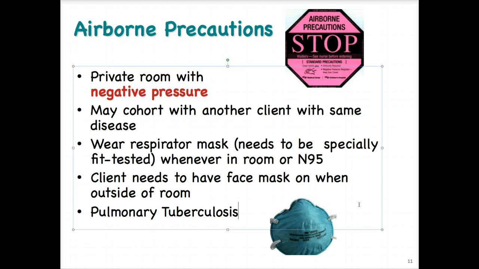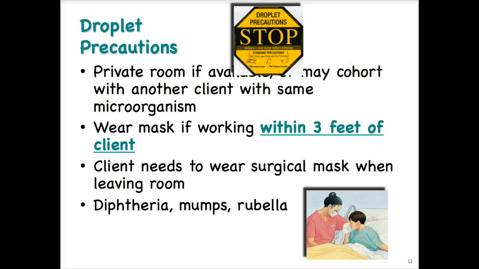When you are in the room, you need a mask on. A patient with airborne precautions needs to be in a negative pressure room. You need the special respirator or N95 mask, because those masks have a specific density to prevent the passing of that organism. So that's very important.